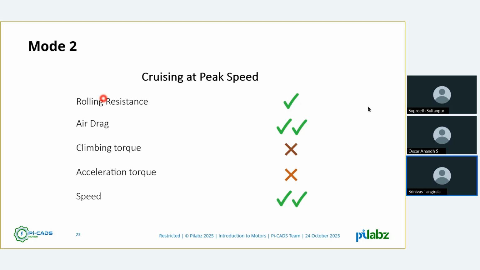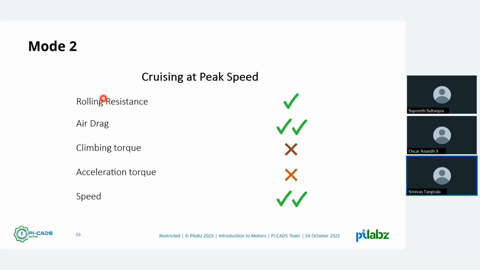Mode 2, please, next slide. Cruising at peak speed means you are going at a very fast speed, let's say 100 kilometers per hour or 80 kilometers per hour, whatever the peak speed of the vehicle is. Even in the examples that Oscar mentioned, the Bajaj Chetak or the Ola scooter, you have a peak speed, 80 or 70 kilometers per hour.